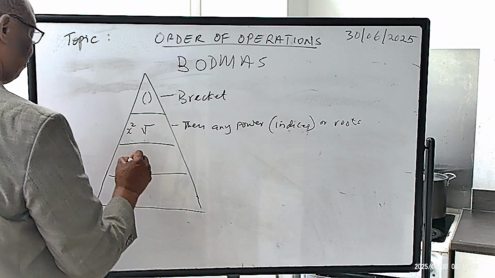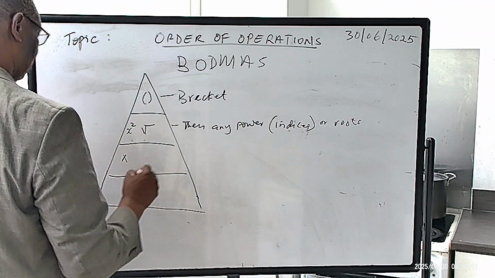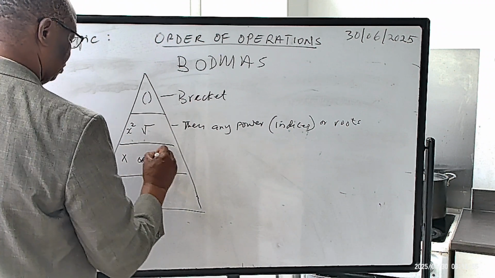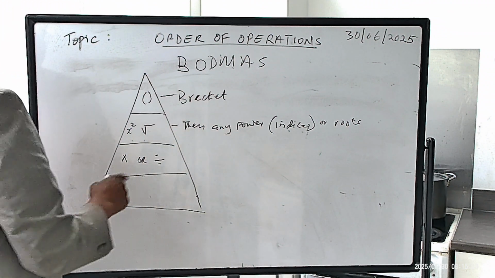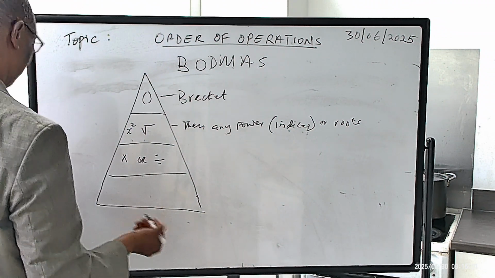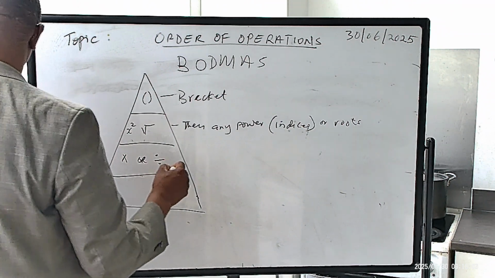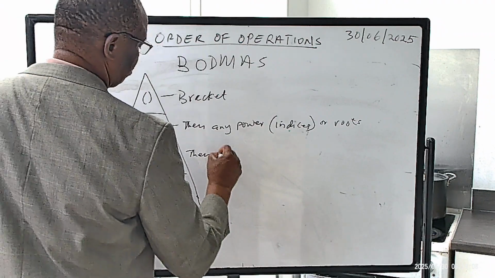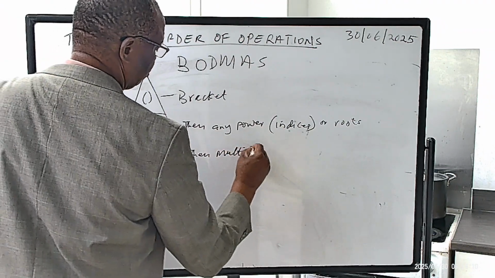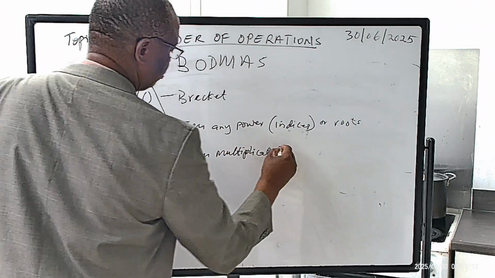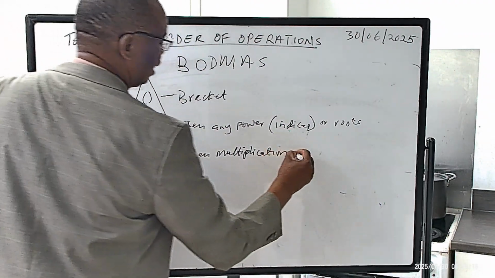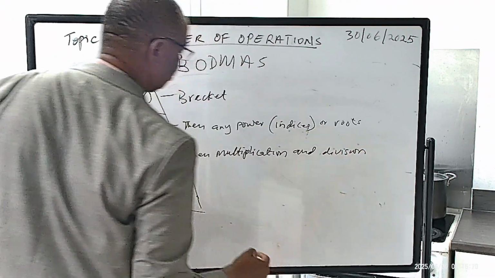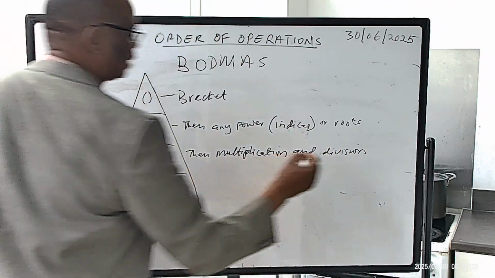Here we have division, then multiplication comes and division at the same time.